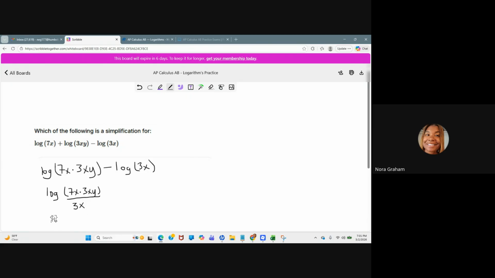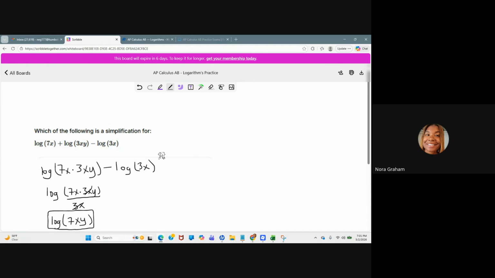Now I'm just going to simplify it down using our algebra skills. Since these are all being multiplied on top, I can cancel out my 3x's. Then I'm just left with 7xy. I can't simplify any more than that, so that's going to be my answer.